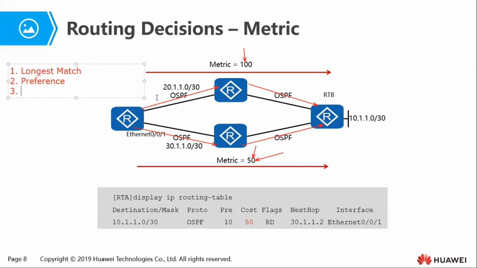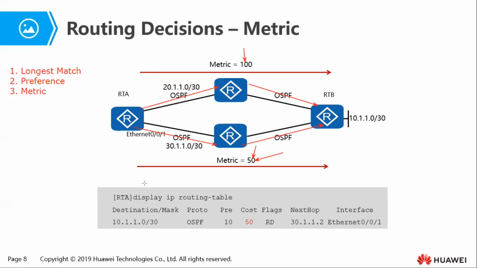So the number of ones is the same. So it's going to look at the preference. When it goes to the preference, both routes have been learned through OSPF. So again, they're the same. So what happens? The tiebreaker now becomes the metric. Whoever has a lower metric cost is the optimal route.